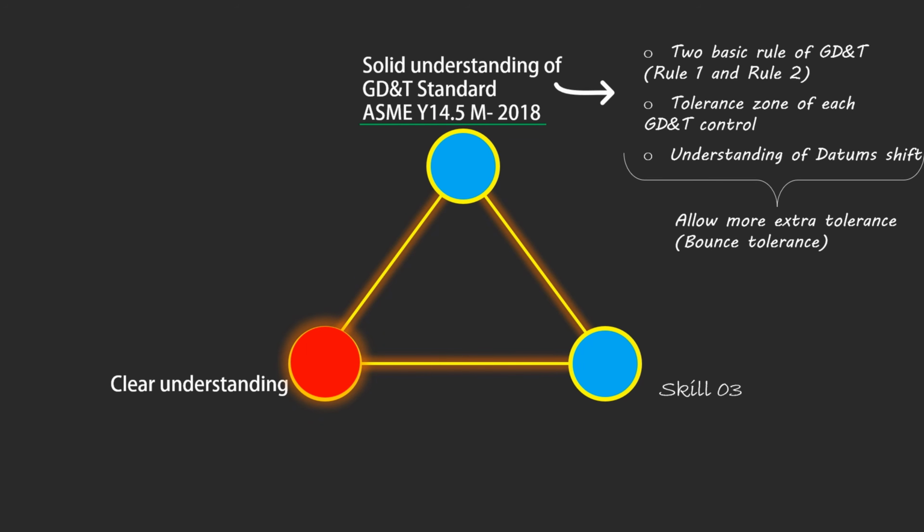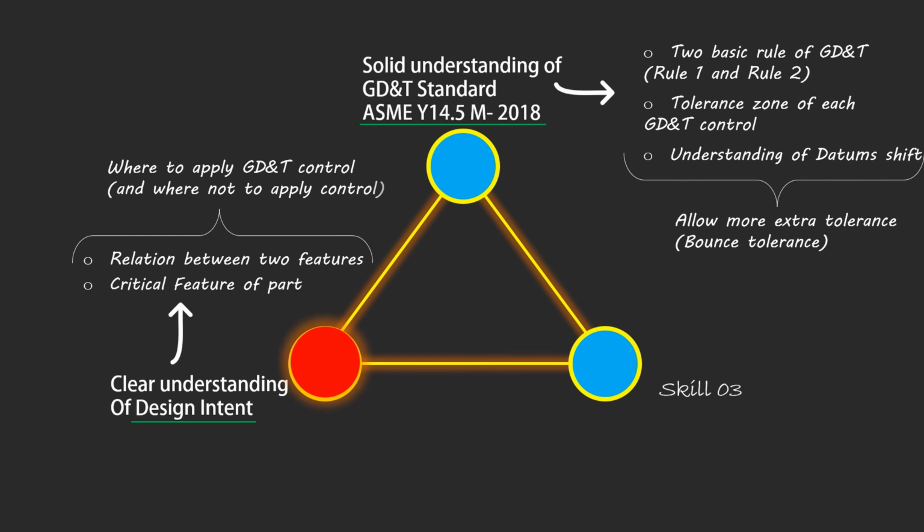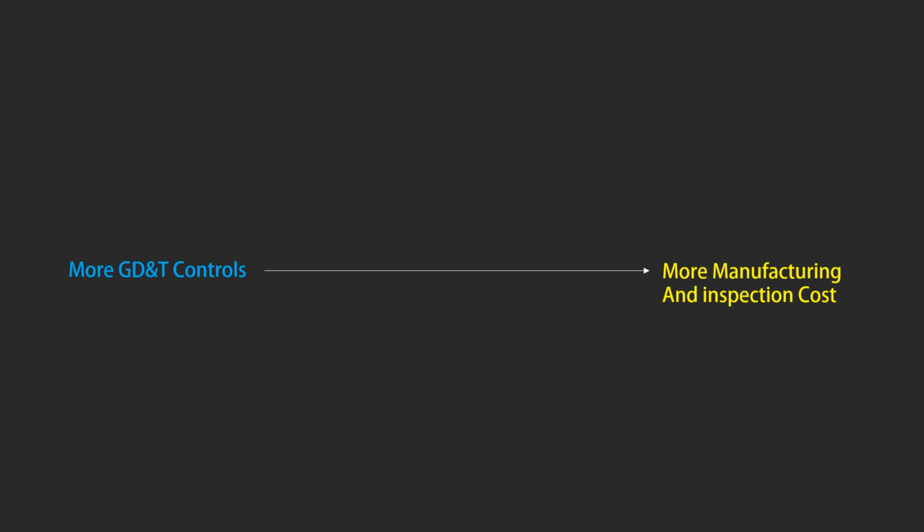Whereas the deeper understanding of your own design, like what are the critical features of the part, what is the relation between 2 features, makes us more confident and makes it easier to choose where we need to apply GD&T controls and where we don't have to apply any GD&T controls, because we must avoid unnecessary GD&T controls which are not required as per the functionality of the part, because more GD&T control means more cost and time to manufacture and inspect.